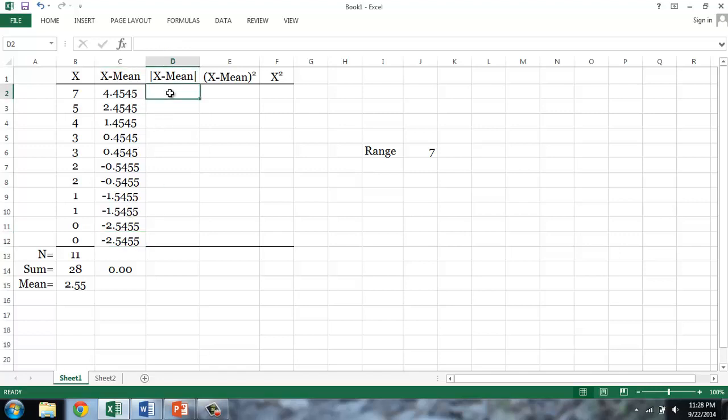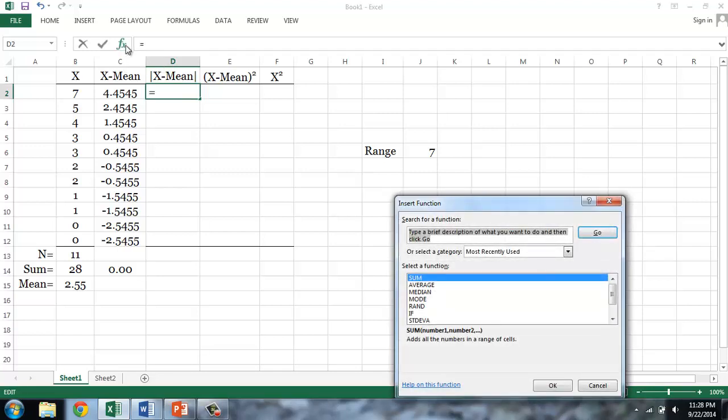The first is to use the absolute value. Absolute value is a fancy way of saying eliminate the negative sign. There is actually an Excel function for absolute value. If we type in absolute, we can see that the function ABS returns the absolute value of a number.